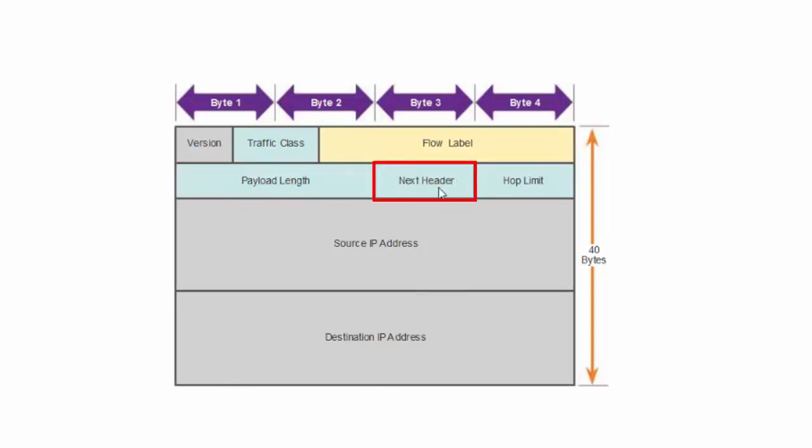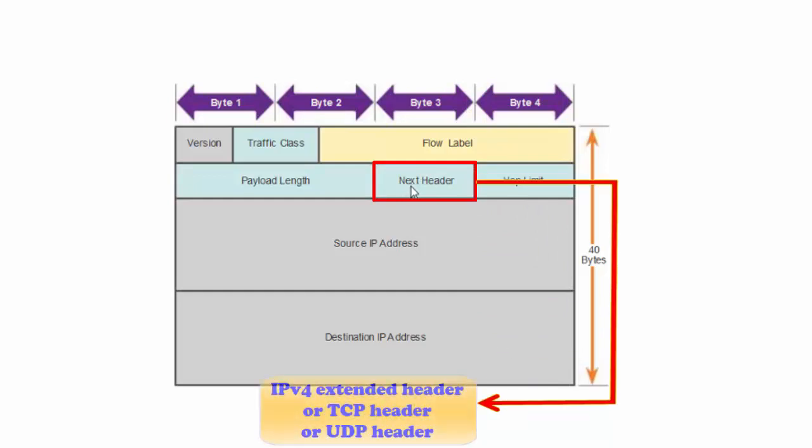The next header field is kind of interesting because not only does it indicate the protocol in the higher layer, like the case for IP address version 4, but it can also point to any option, any other protocol that is used. So you can actually have a payload that uses an IP address version 4 header, for example. In that case, this next header will point to the next header, which is using IP version 4.